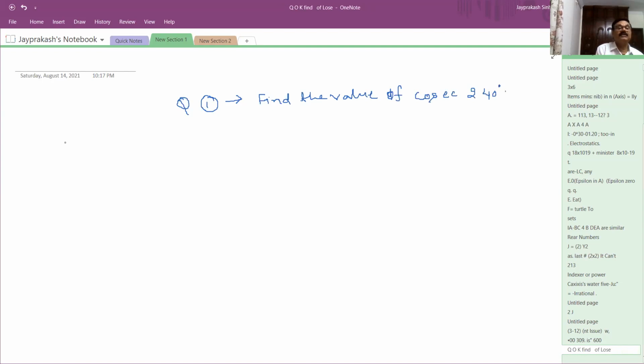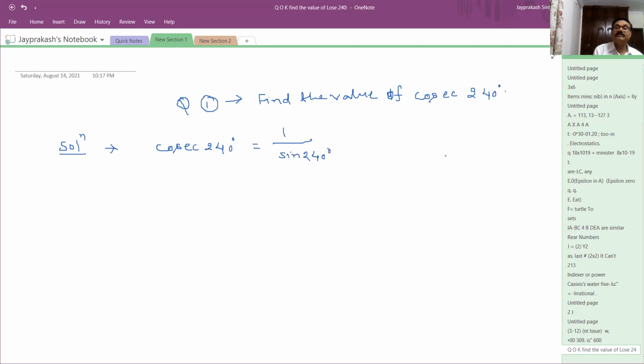Okay, solution. So first of all, we know that we can write cosec 240 degree is equal to 1 upon sine 240 degree.